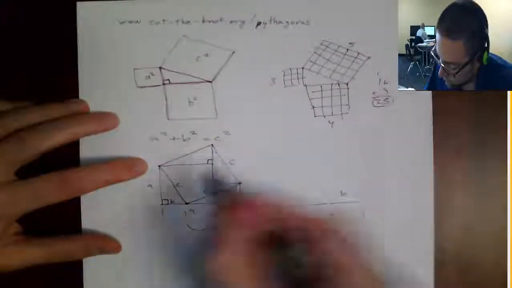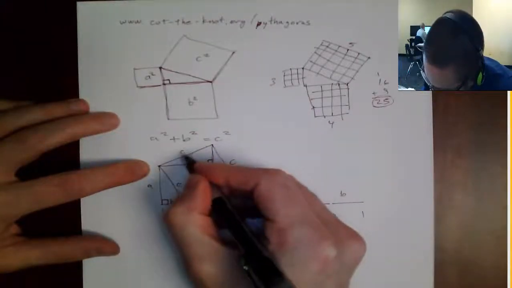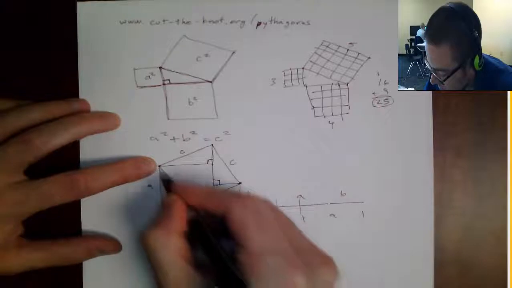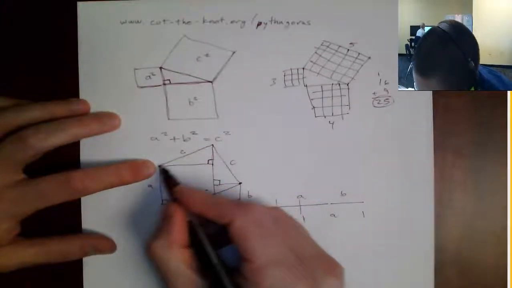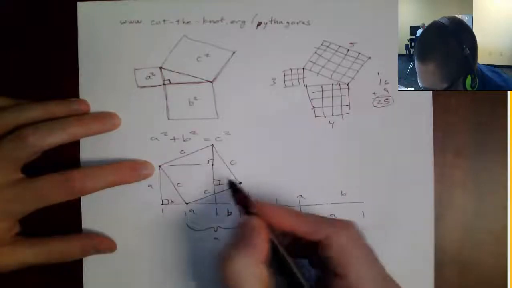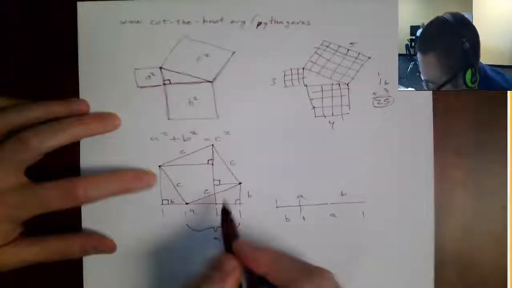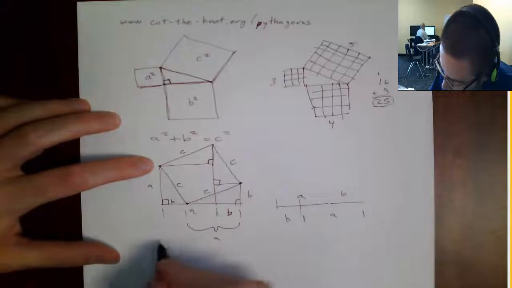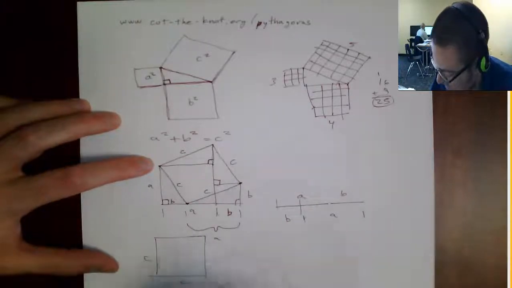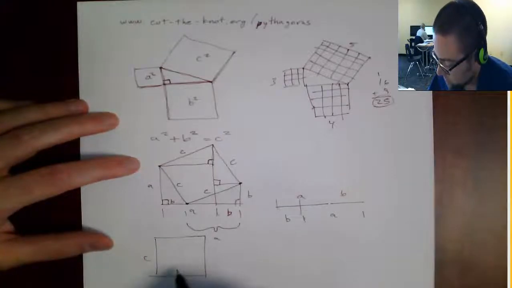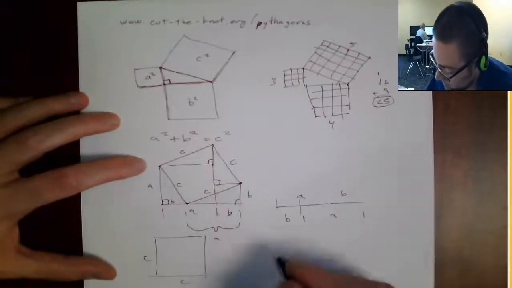And now my new triangle over there also has a hypotenuse, the longest side of the triangle, which is also c. So I have this new shape, these are now gone, and I have this shape which happens to be a square that is c by c. So the area of that square would be c times c, or c squared.